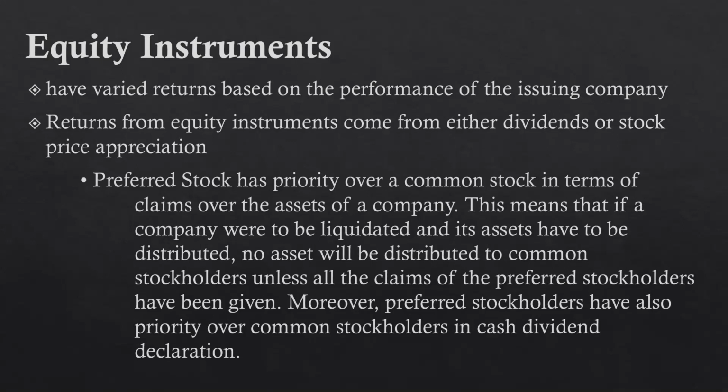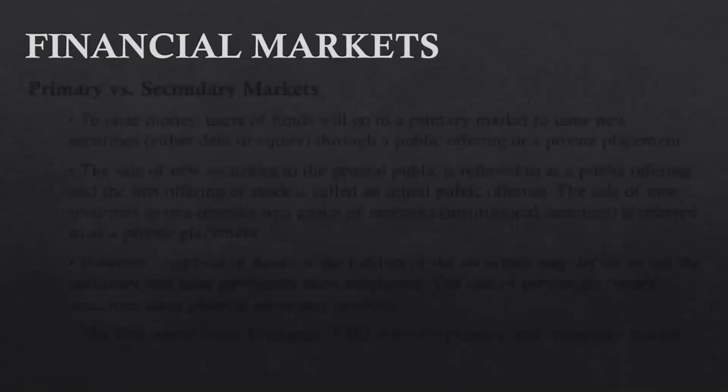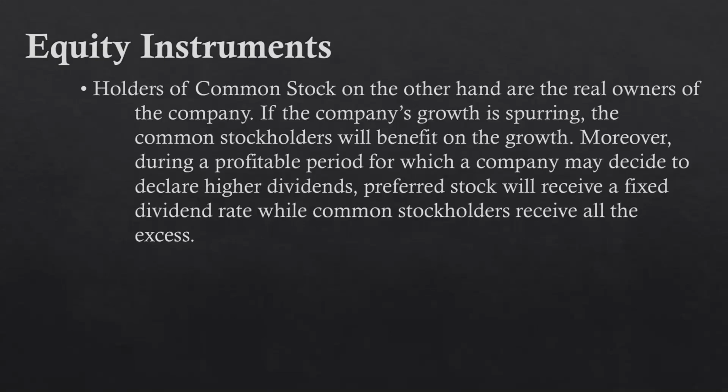Moreover, they also have priority over common stockholders in cash dividend declaration. So the priority would be for preferred stockholders, while common stockholders, even if they're the real owners, will have to get their share of the dividend declaration once the preferred stock owners already had their turn.